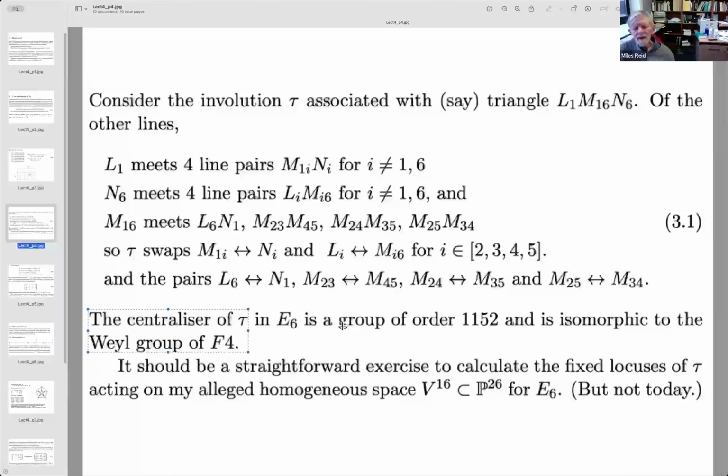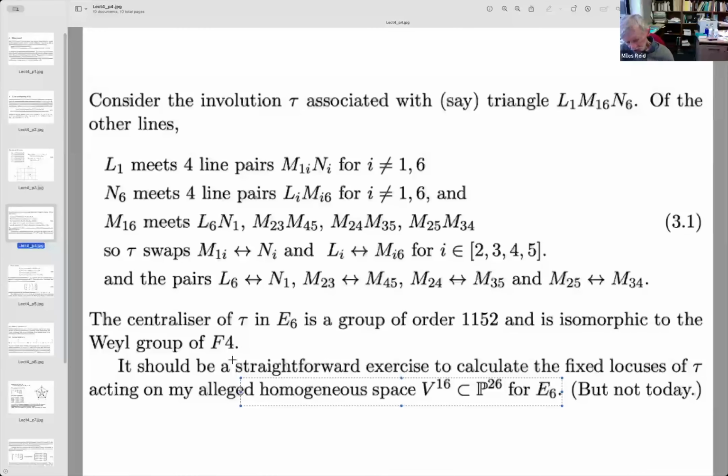So I believe that this is the homogeneous space I talked about yesterday, and I'm saying alleged because I haven't actually proved it, and for pure mathematicians, as opposed to physicists, proof is more important than understanding.